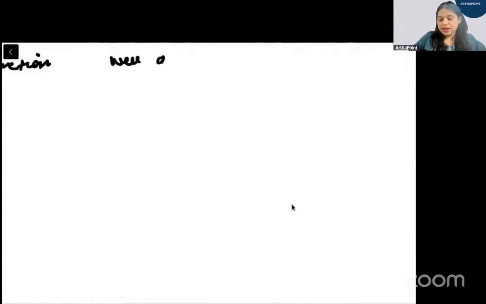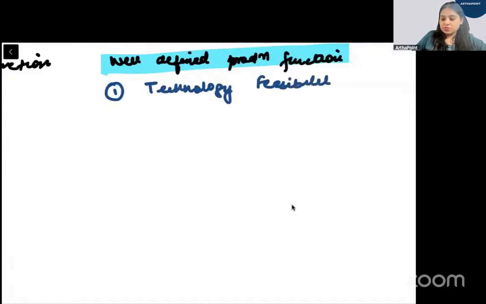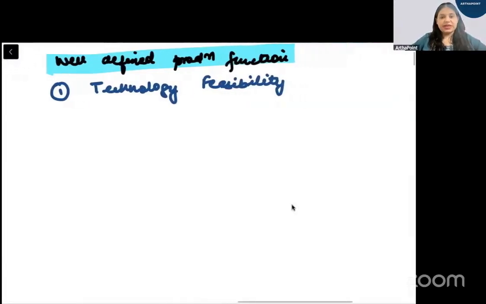So what is a well-defined production function? किसे बोलते हैं well-defined? First of all, we need technology feasibility. The technology feasibility क्या कहती है?